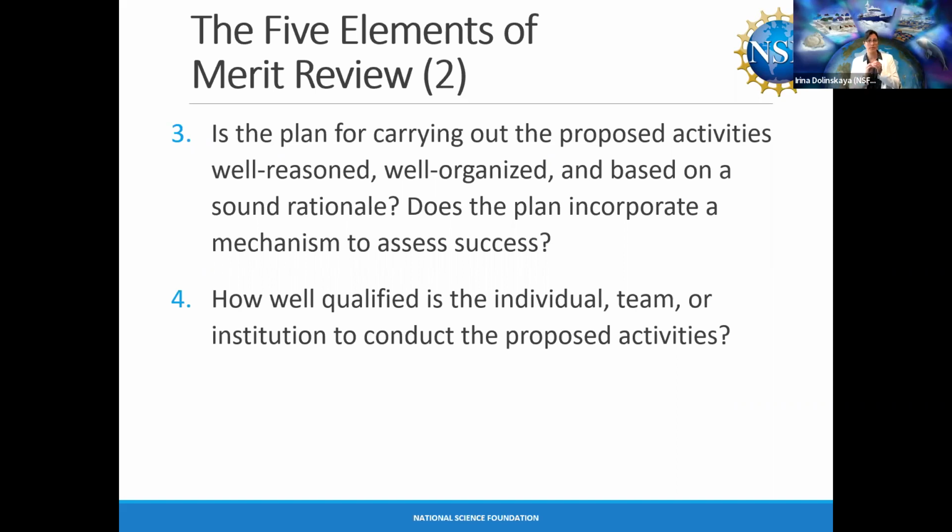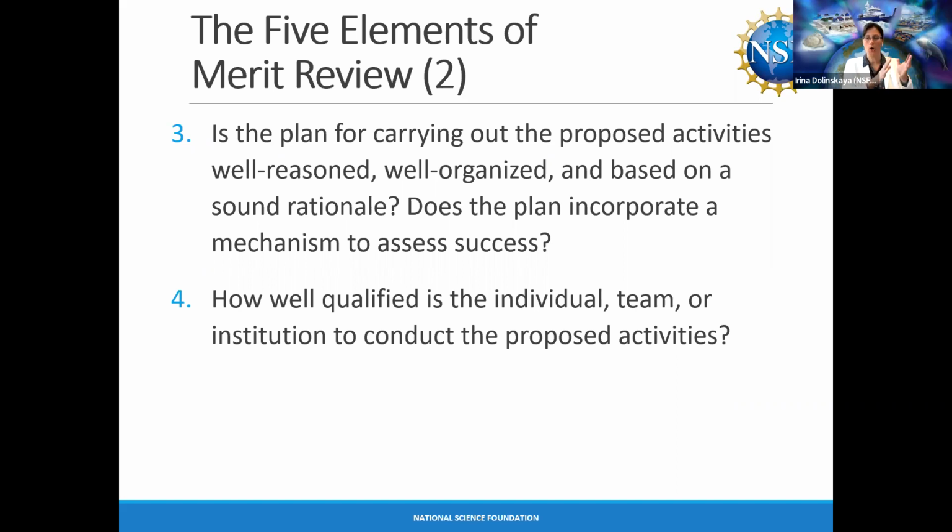So the fourth review element is how well qualified the individual, the team, or the institution is to conduct the proposed activity. And this is the key here. What we're really asking reviewers to assess is, if you're proposing to do a specific effort, are you qualified to do that effort?